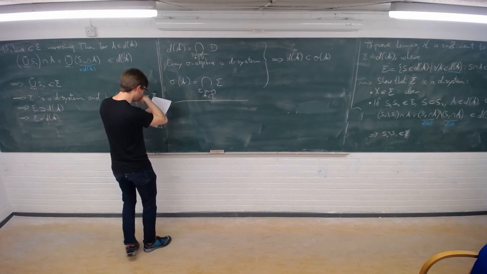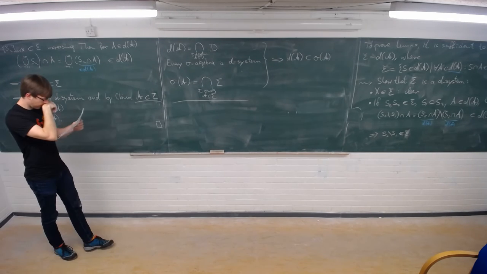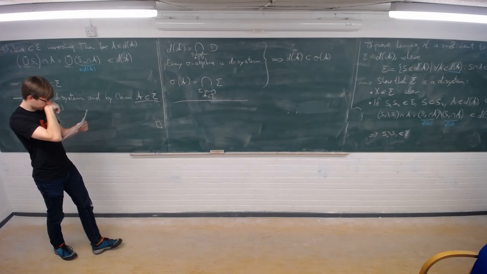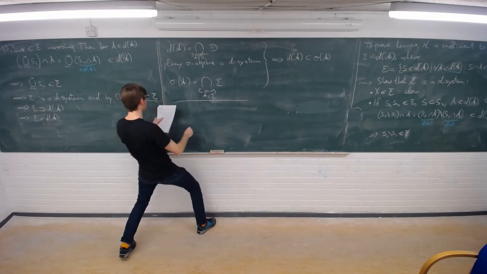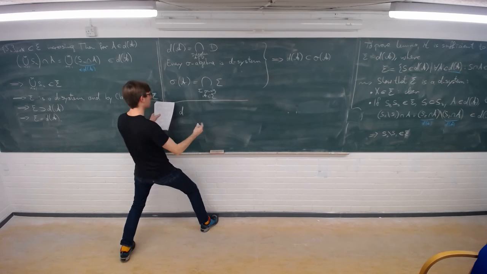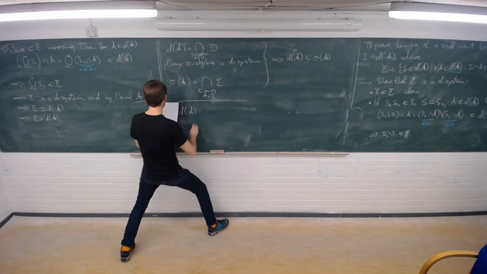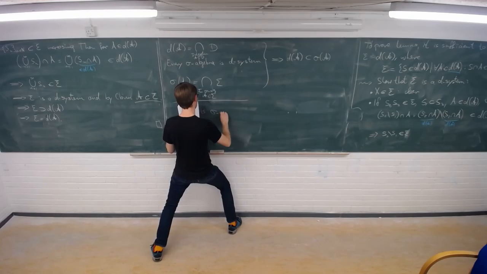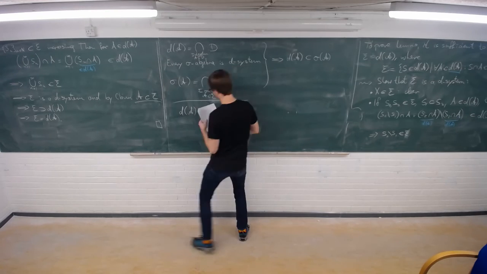So this is one direction. And then in the lemma we had one part of the lemma said that if A is a pi system, then D of A is a sigma algebra.